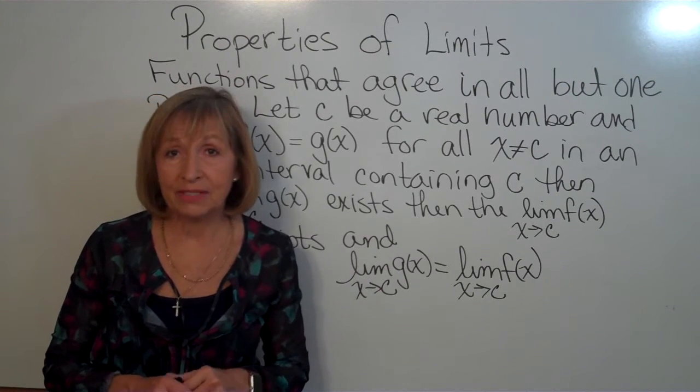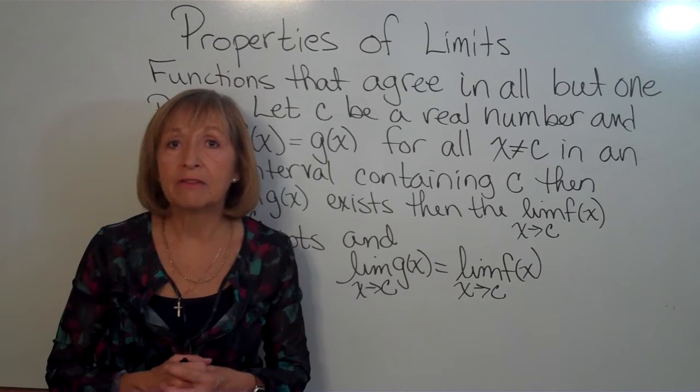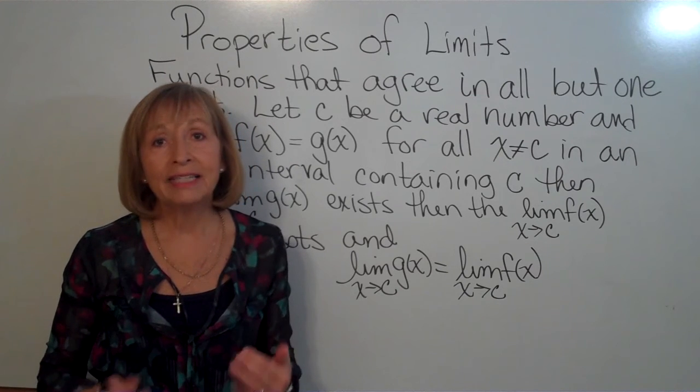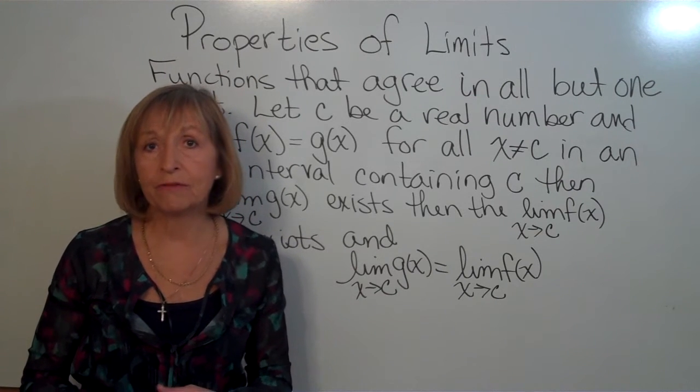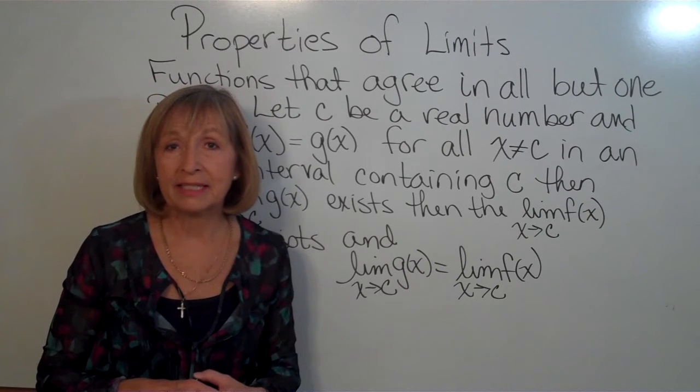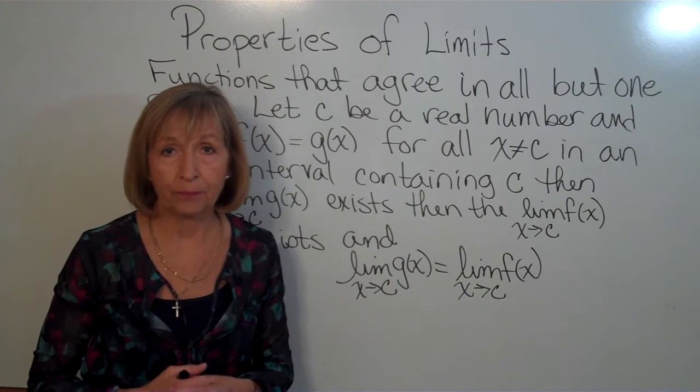Now those types of situations are discussed in a video that I've done called the intuitive idea of limits, and I've linked that video in the description of this one as well. If you want to review what to look for if a limit doesn't exist, you might want to check that one out.